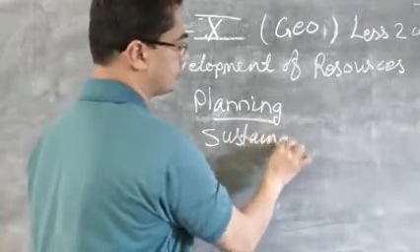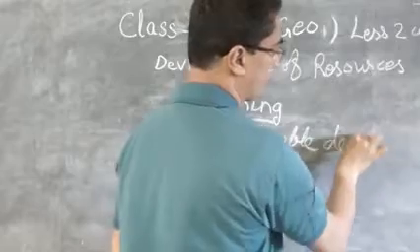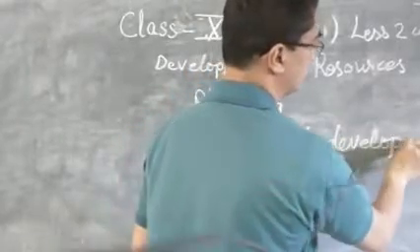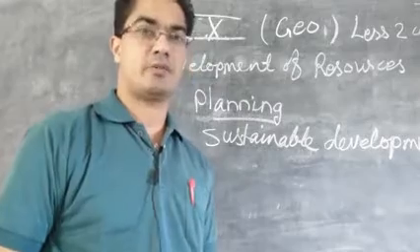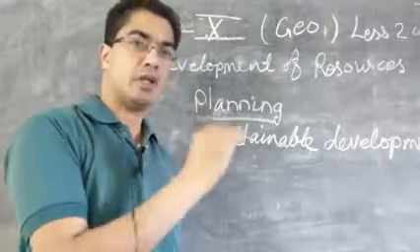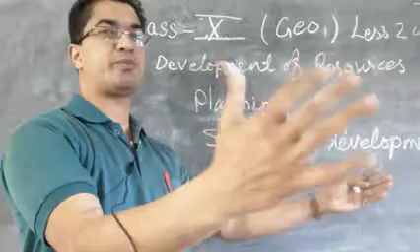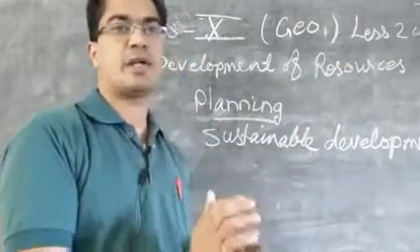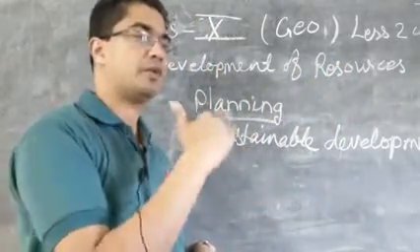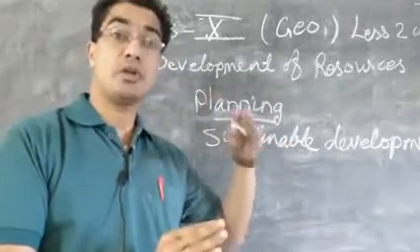Sustainable development means we need to develop while sustaining, not just thinking there is plenty so let me use plenty, or there is very little so let me use very little. Even if there is plenty, we should not use it in excess, because we need to think about the future.